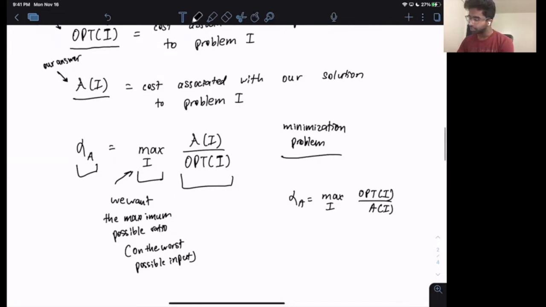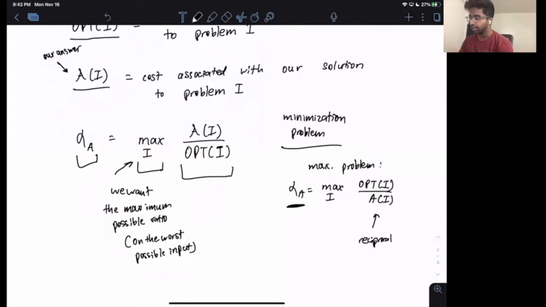For a maximization problem, the factor that we're off is going to be the exact same, except we've taken the reciprocal. If you think about it logically, let's say our optimal value for a maximization problem is, let's use a different value, 50, and our algorithm returns a solution that is 25.